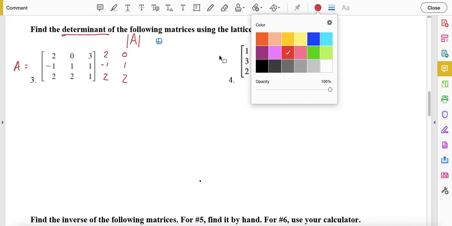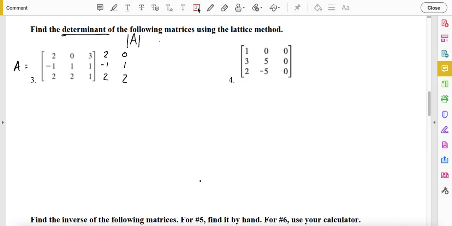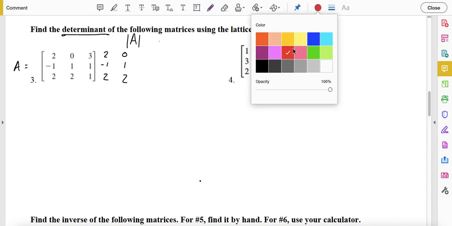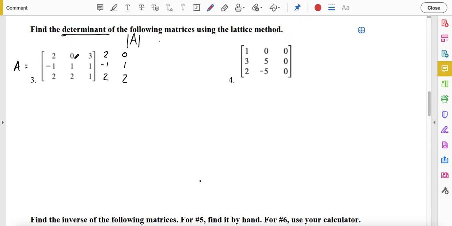Now, I make my, oh, didn't want to change all the colors of that. Hold on. There we go. All right, so I make my diagonals. So I'm going to have 3 diagonals. 1, 2, and 3. So I'm going to find the product of those 3 diagonals, and those are the ones I'm going to add.